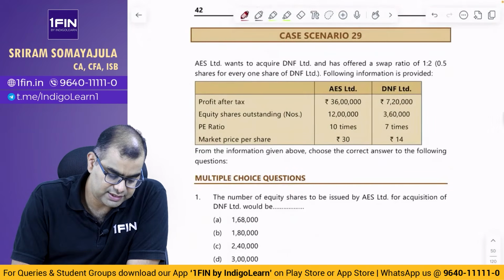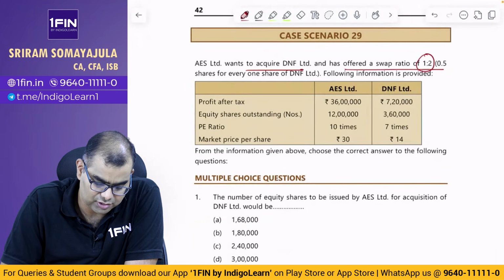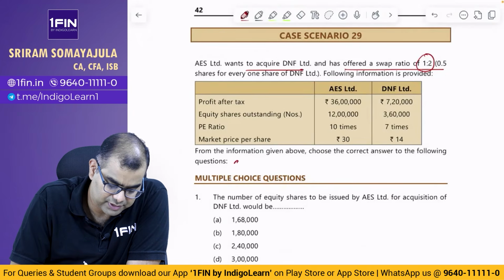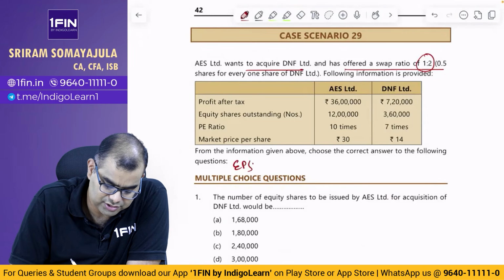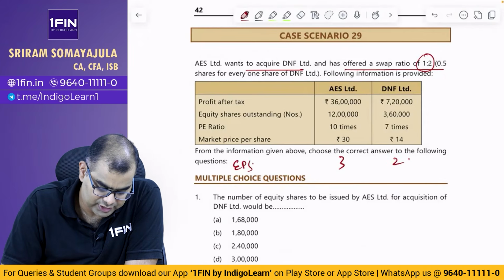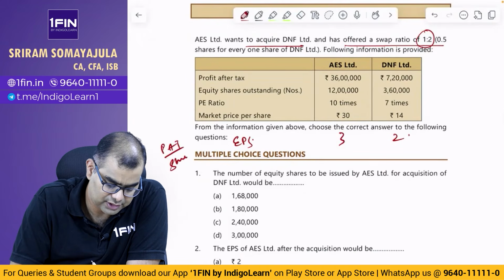Then AAES wants to acquire DNF and has offered the following swap ratio of 1:5, that is 0.5 shares of AAES for 1 share of DNF. Now PAT, equity shares, P/E ratio and market price are given. So what is EPS? EPS is equal to your PAT by the number of shares.